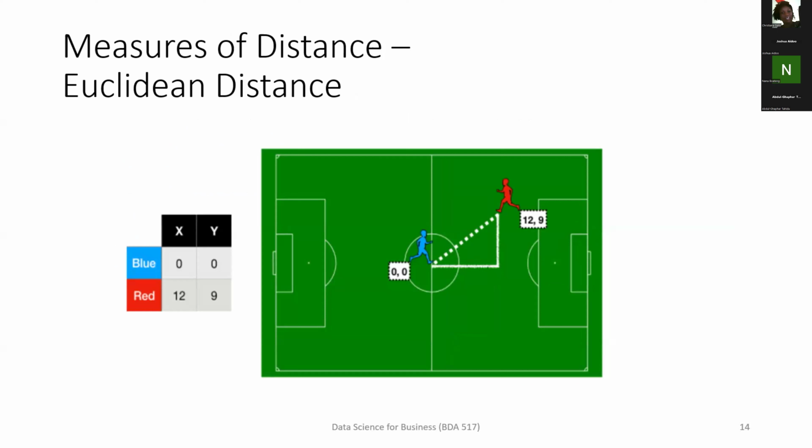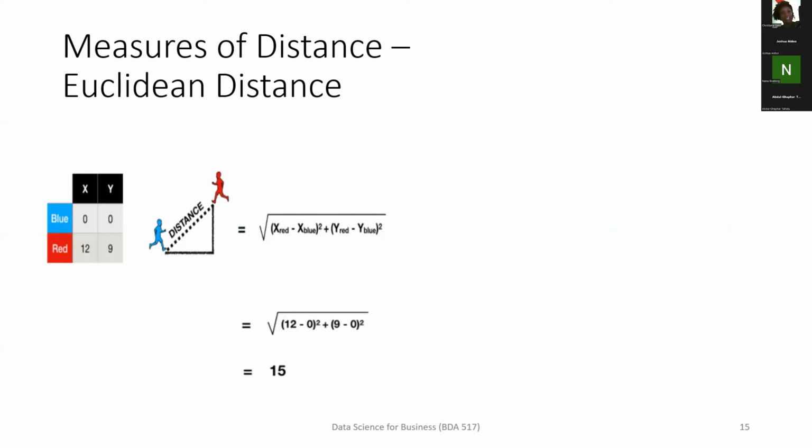So if I turn this round like this, you will see that it will give us 15. So work out what you think is the right one. Let's find out the Euclidean distance based upon how you understand it.